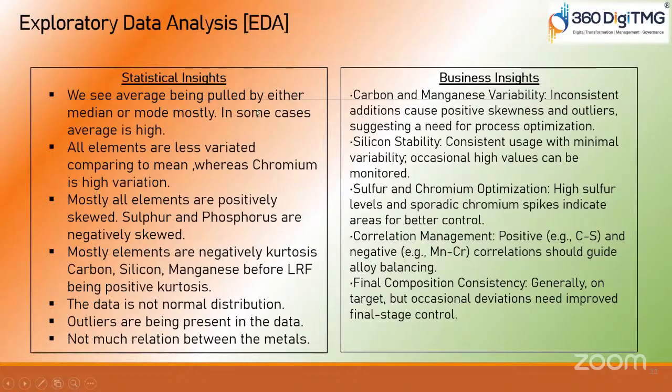Here you can see statistical insight and business insight. Mostly all elements are positively skewed. High sulfur levels and sporadic chromium spikes indicate areas for better control.